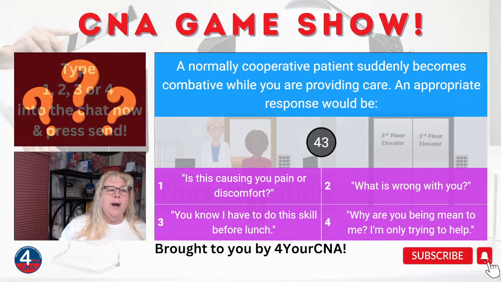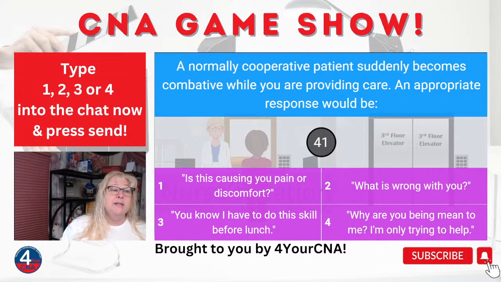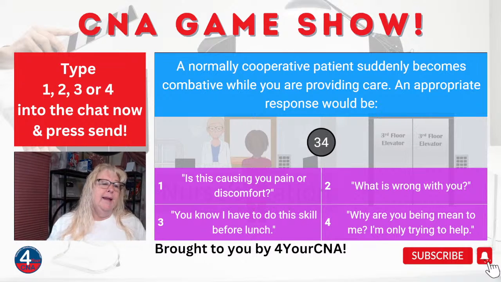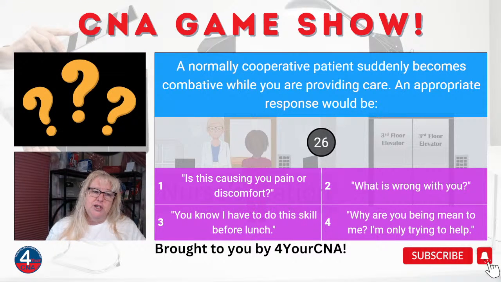A normally cooperative patient suddenly becomes combative while you are providing care. An appropriate response would be, 1, is this causing you pain or discomfort? 2, what's wrong with you? 3, you know I have to do this skill before lunch. Or 4, why are you being mean to me?